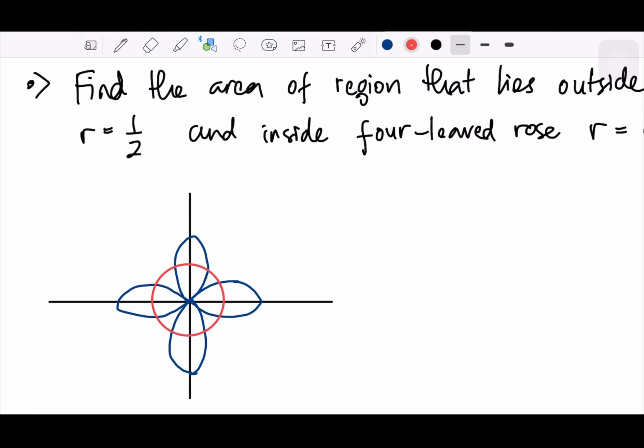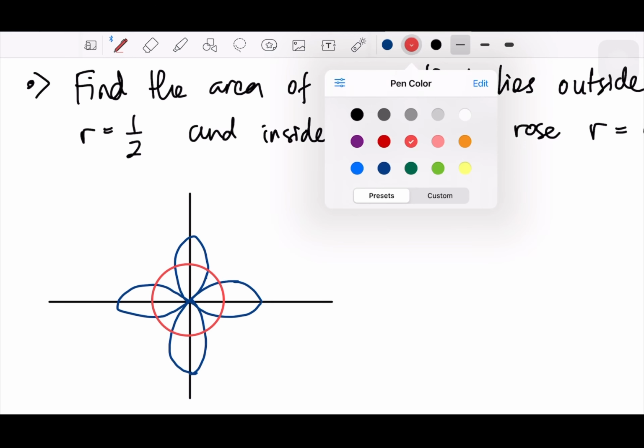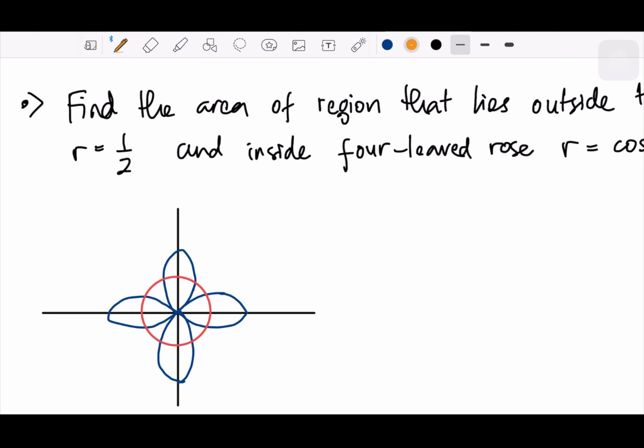Maybe that is our curves, and then we need to define our area that is mentioned in the question. So it lies outside of the circle but inside of the rose.